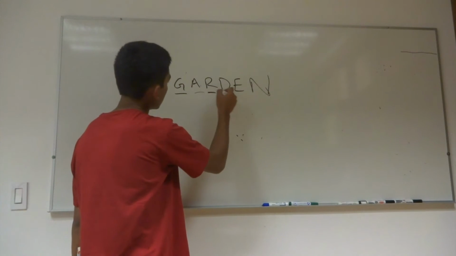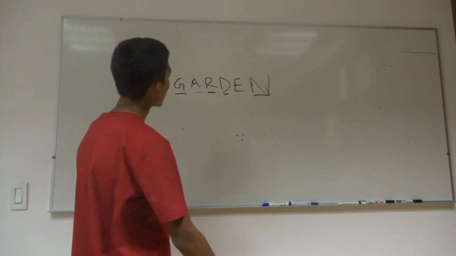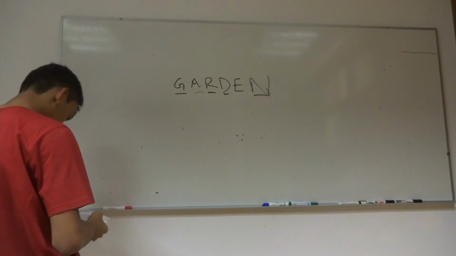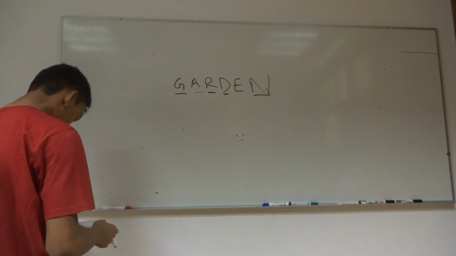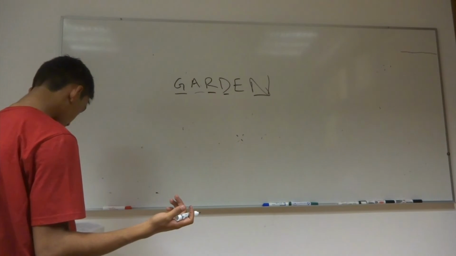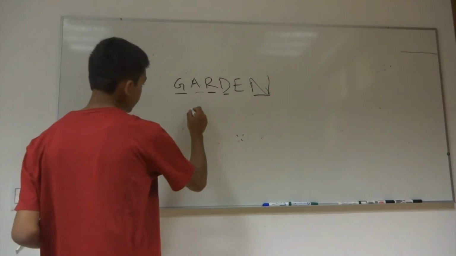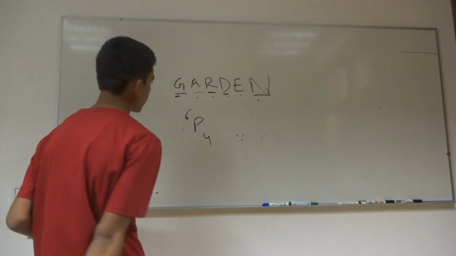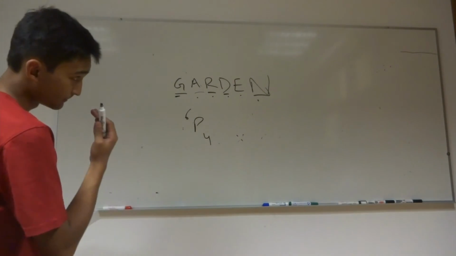So we've got 1, 2, 3, 4 consonants and 2 vowels. Now what you can observe is that consonants can basically be arranged in 6P4 ways, right? Because they can appear in any order.